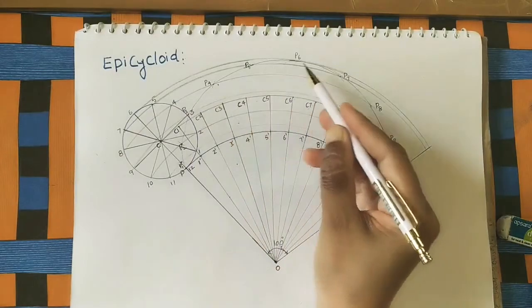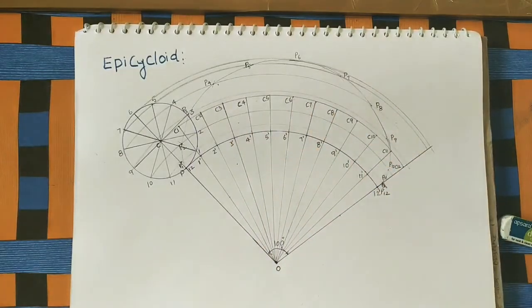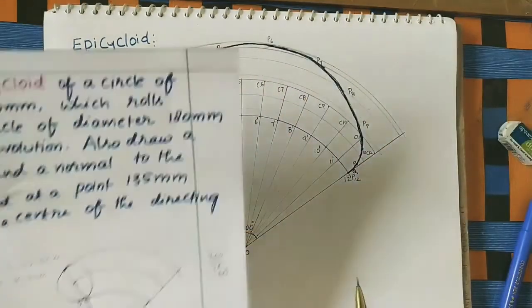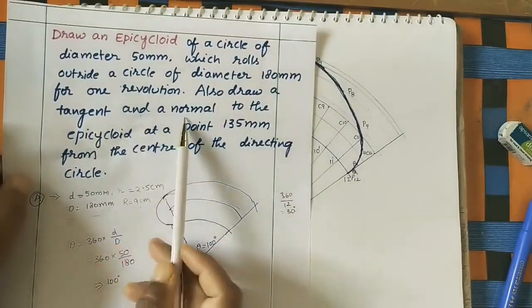So this curve is called epicycloid. Make it dark. So this is the epicycloid. For this curve, we have to draw the tangent and normal.